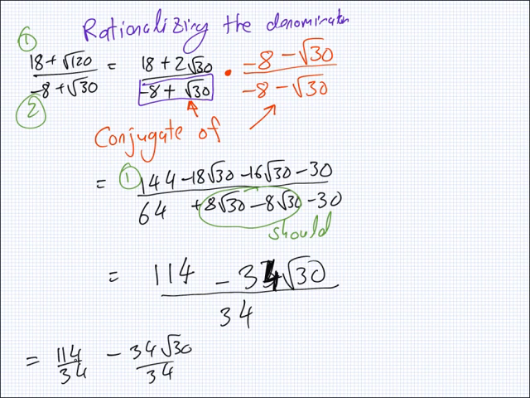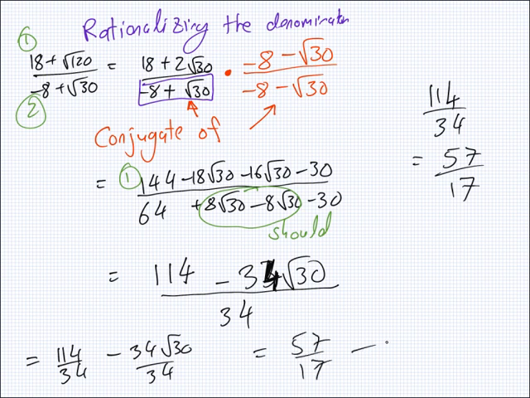No, there's nothing you can do with this one. Well, you can make it 57 over 17, can't you? 114 over 34 is 57 over 17. So this is 57 over 17 minus root 30.